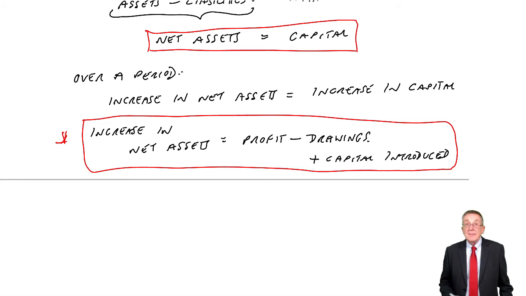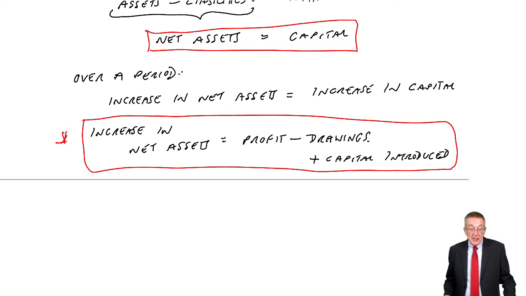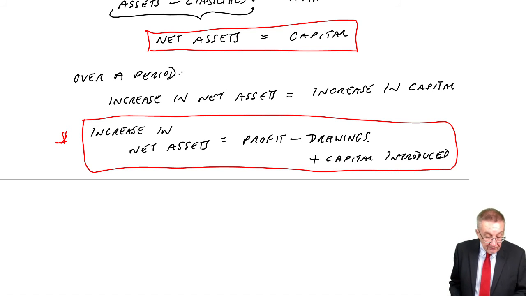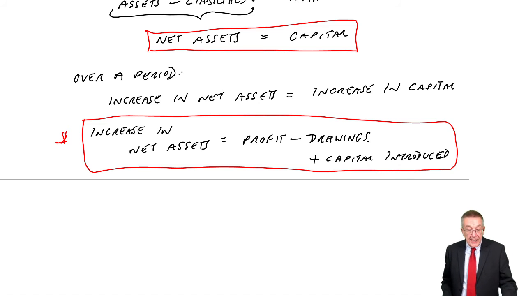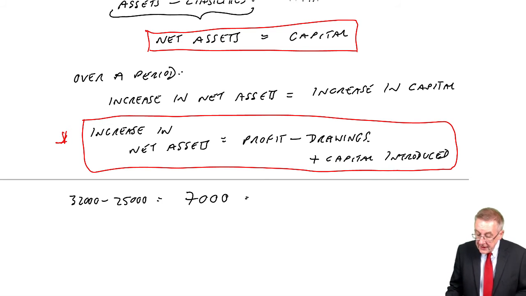And we're asked, what's the profit? It's simply using this equation and obviously being careful. First of all, the increase in net assets. At the beginning of the year it was 25, at the end of the year it was 32. So the net assets have gone up by 7,000.